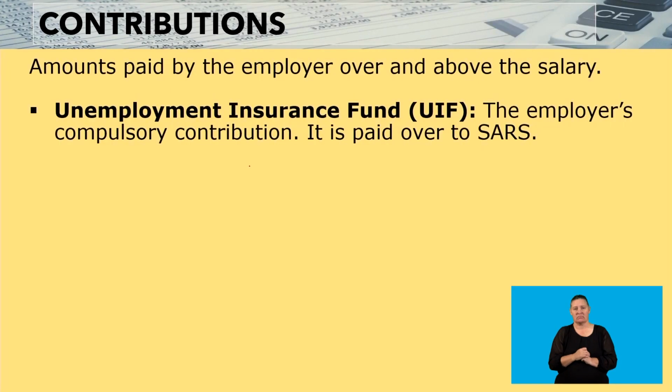So we will take a percentage from the employee's salary and put it into the UIF, but the company will also contribute and then put it into the UIF. So the UIF becomes the first contribution. The employer's compulsory contribution, and this is also paid to SARS.